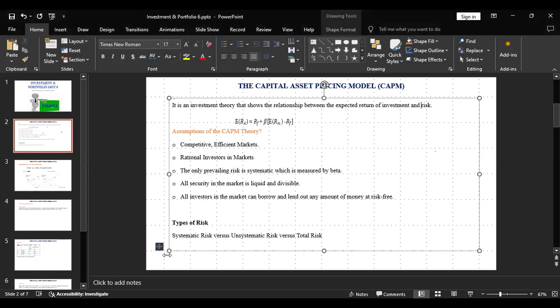We have types of risk: systematic risk, unsystematic risk, and total risk. The main classification is systematic and unsystematic. By systematic, we are talking of market risk, risk that cannot be controlled. No matter what you do, it will affect your investment: inflation, interest rate fluctuation.